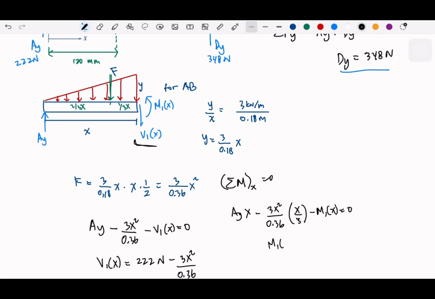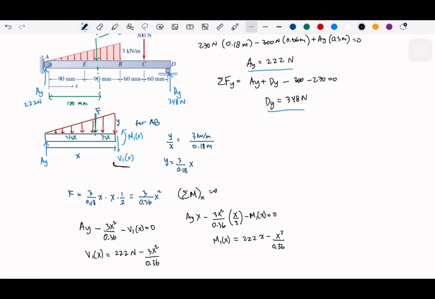So M1 of x will be 222x minus 3 x cubed over 0.36. Okay, I think this is more procedural, and it can help you to understand how we get this.